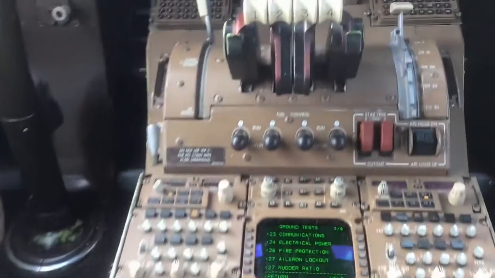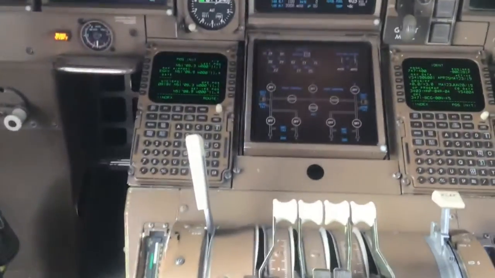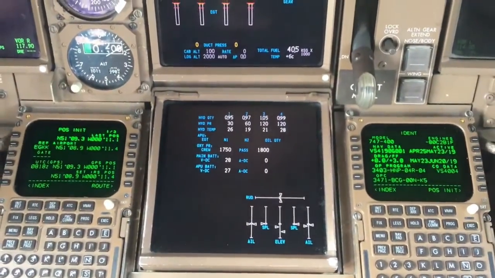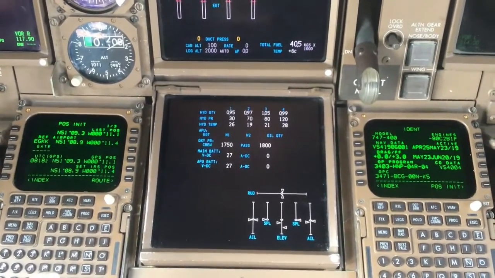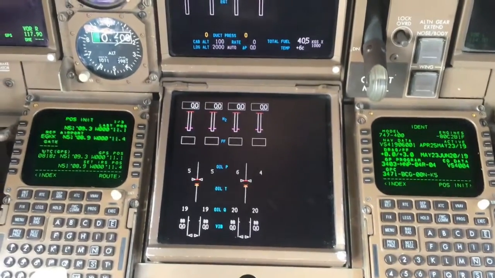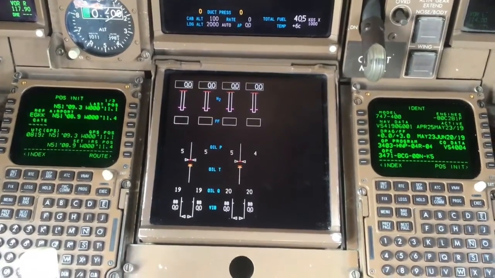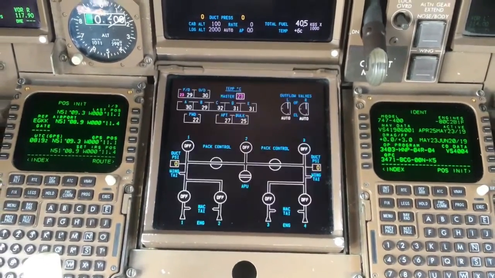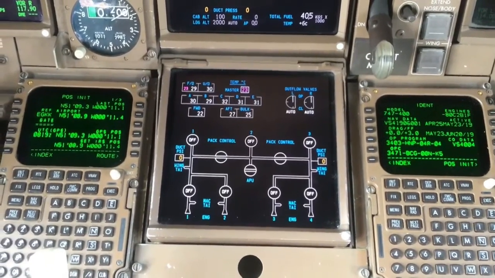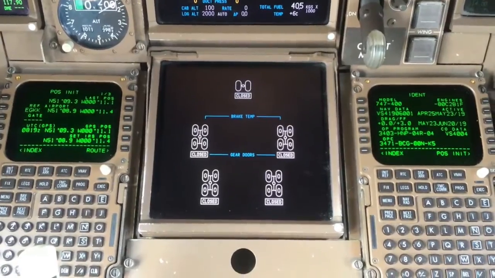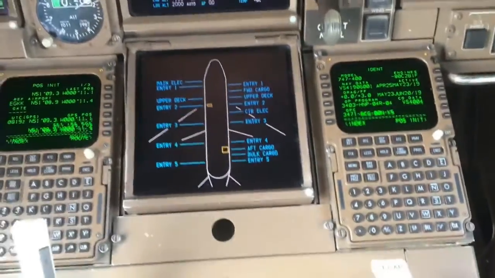stool. And if we have a look here, we will be able to see the various synoptic pages, the status page, secondary engine indication, air conditioning and pneumatic bleed, wheels and brakes, doors page.